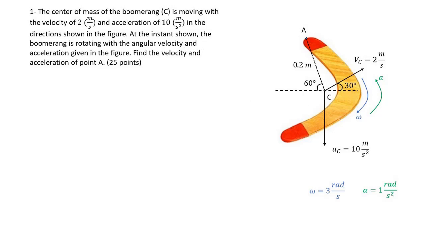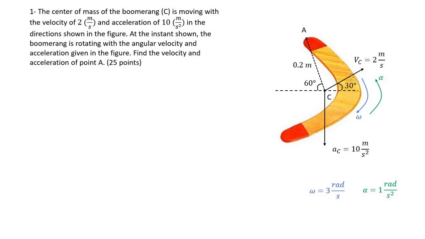At the instant shown, the boomerang is rotating with the angular velocity and angular acceleration given in the figure, in these directions. We are asked to find the velocity and acceleration of point A on the boomerang.